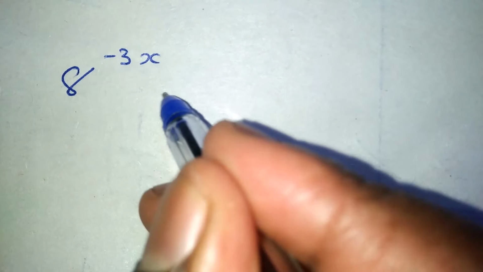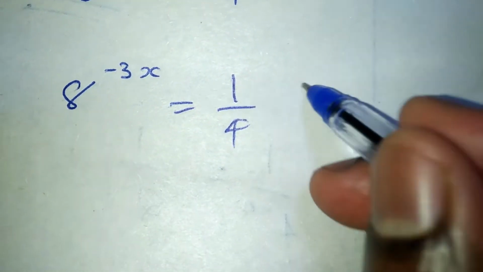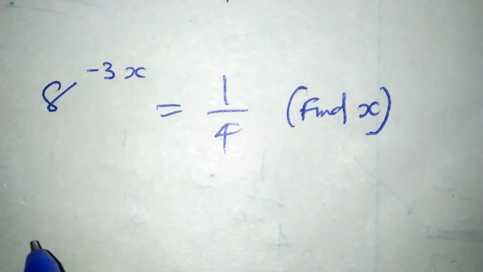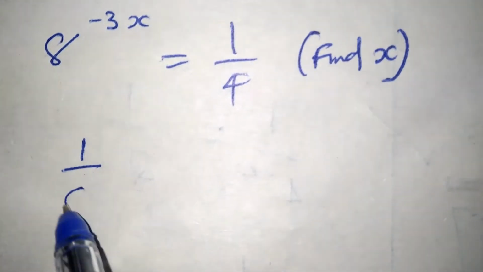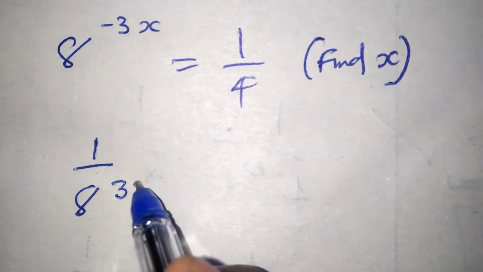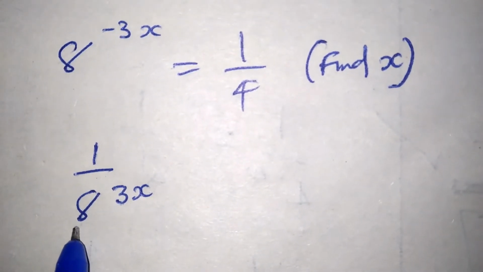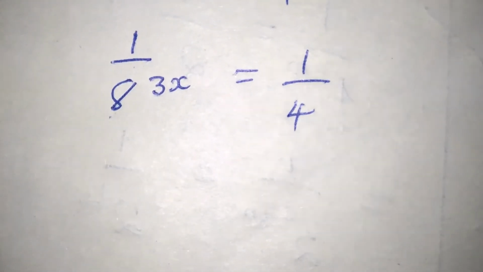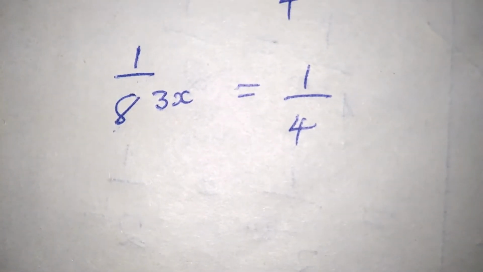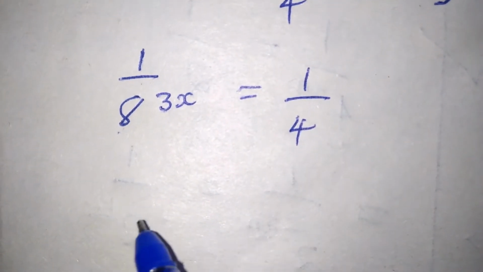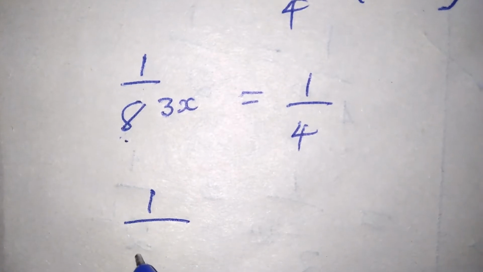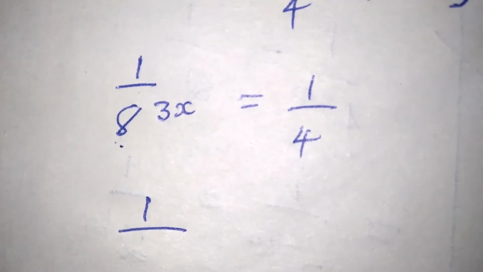Another example is 8 raised to negative 3x equal to 1 over 4. If we are told to find x, again we will start by writing 1 over 8 raised to 3x using the reciprocal law, is equal to 1 over 4. Now at this point we write them to a common base, where 8 can be written as 2 raised to 3.